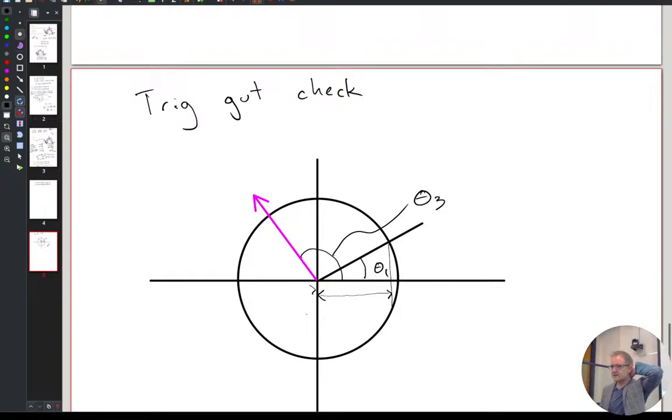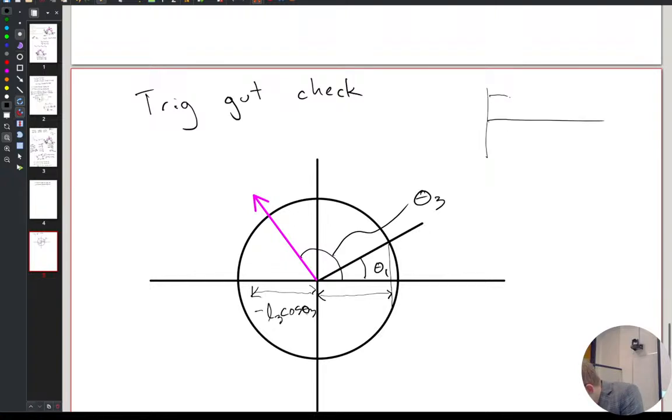So if that one's theta 3, then this is going to be a negative L3 cosine theta 3. I mean, cosine theta 3 will be a negative number, right? I don't need the negative sign, but it's because theta is more than 90.